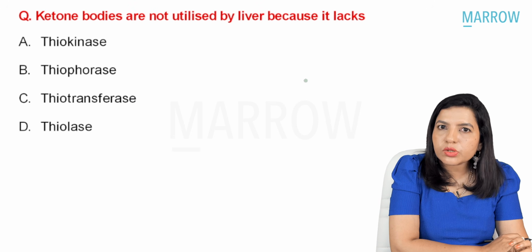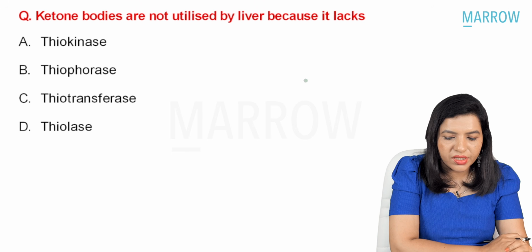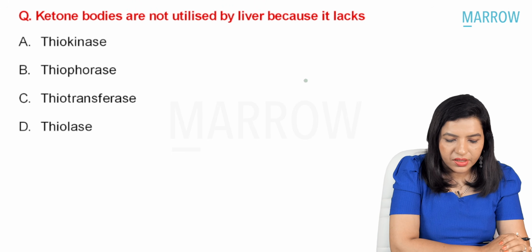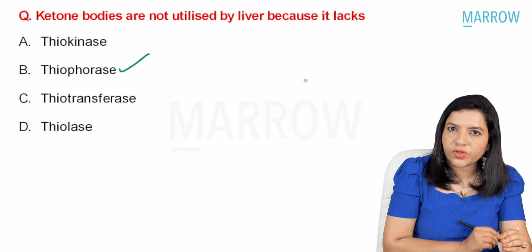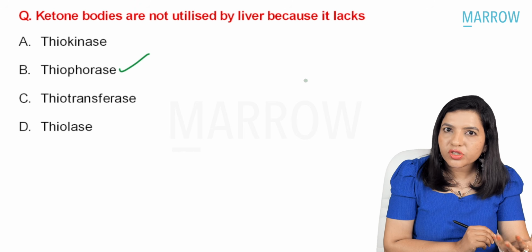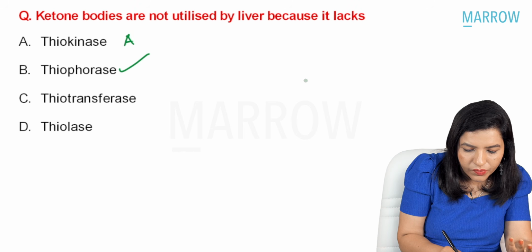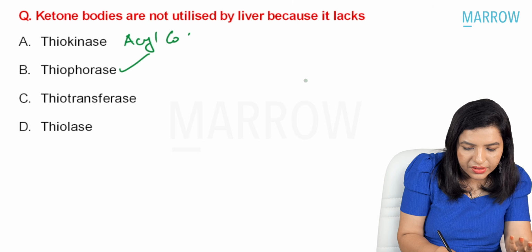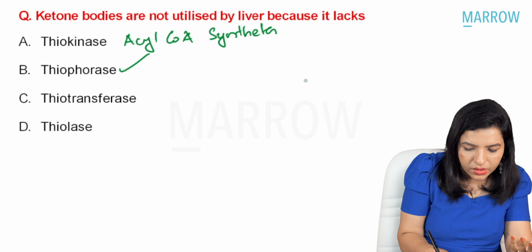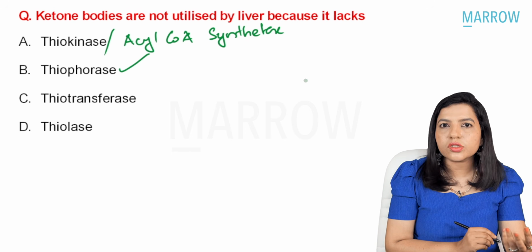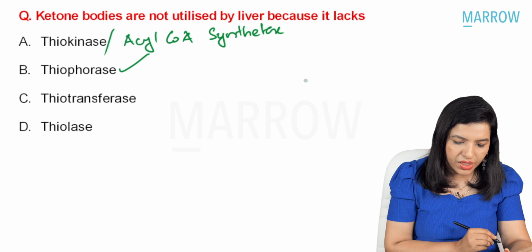So going to the next question: ketone bodies are not utilized by the liver because it lacks which enzyme? It lacks the enzyme thiophorase, and that is the answer. What about the other enzymes given here? Thiokinase is an enzyme involved in fatty acid synthesis; acyl coenzyme A synthetase is otherwise called thiokinase. So it is not related to ketone body utilization.